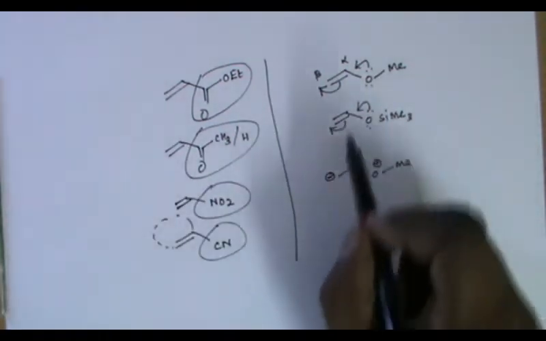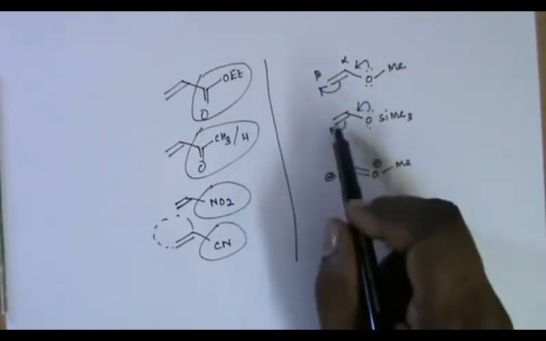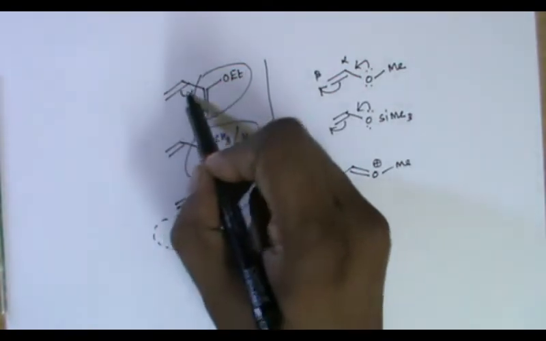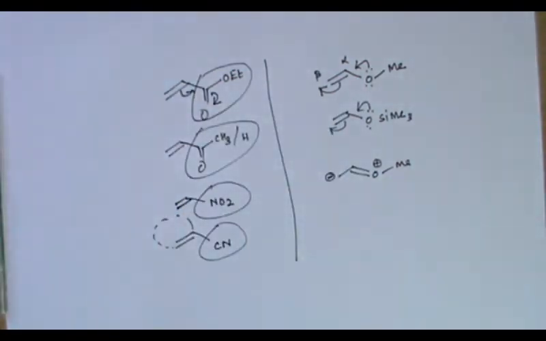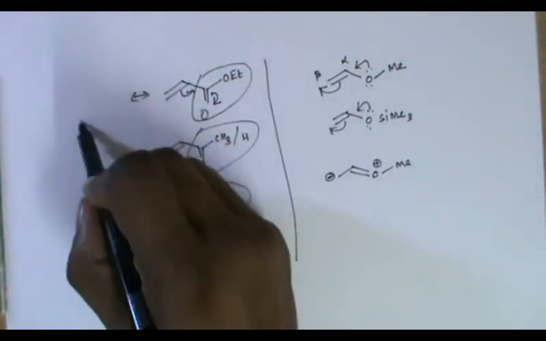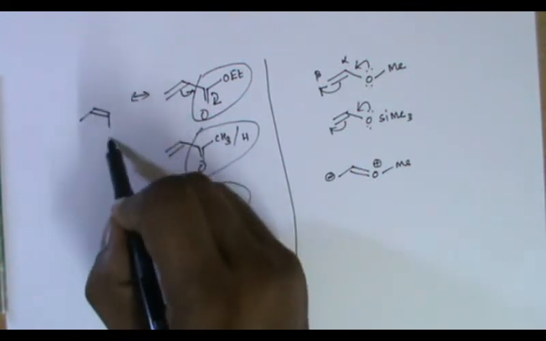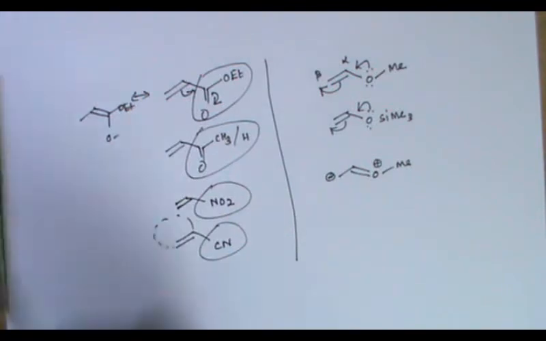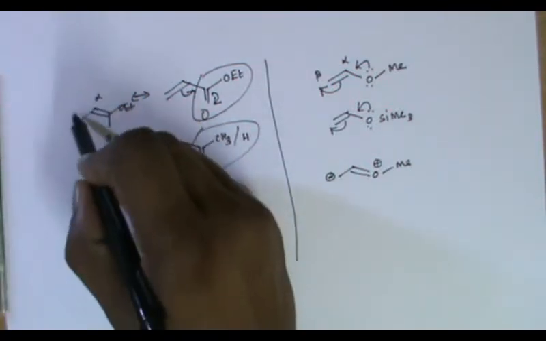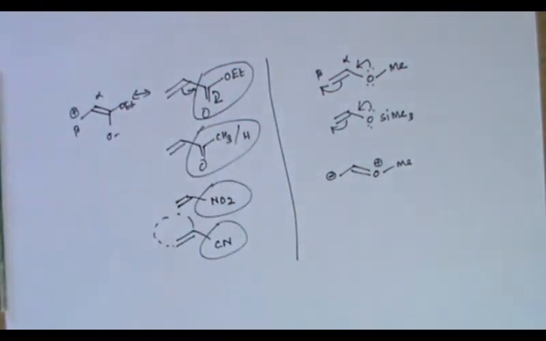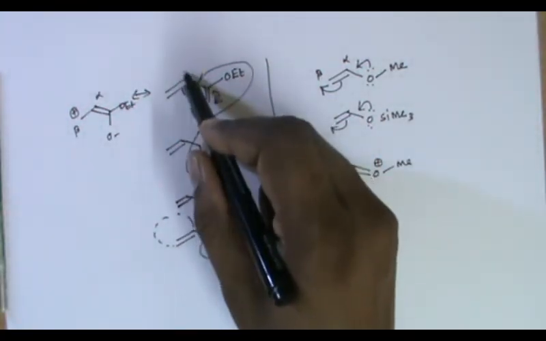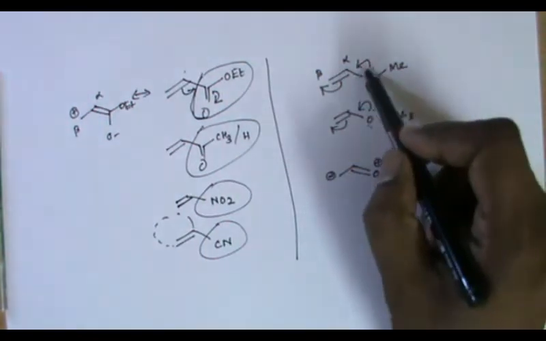In both cases, we get negative charge on the beta carbon. But in this case, because of this resonance, we get positive charge on the beta carbon. Since this is the functional group, we have to consider this as alpha and beta.